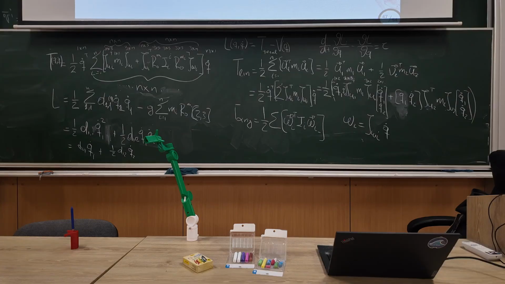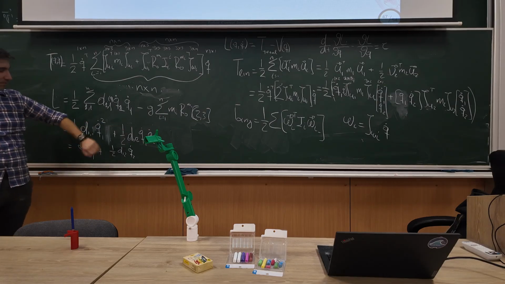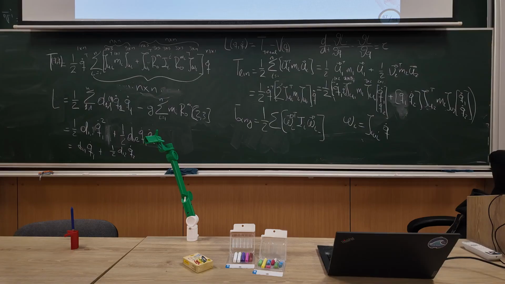1 over 2. Sorry? In the second part of the equation, the 1 over 2 disappears, and then it is the same. Yeah, but why does it disappear? Well, that's the question. Yes, I know why. Because here we have 2, and we have also the other part.